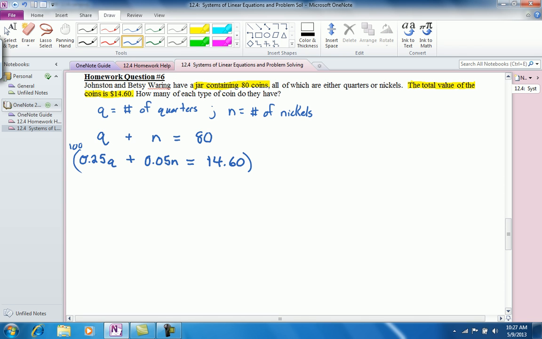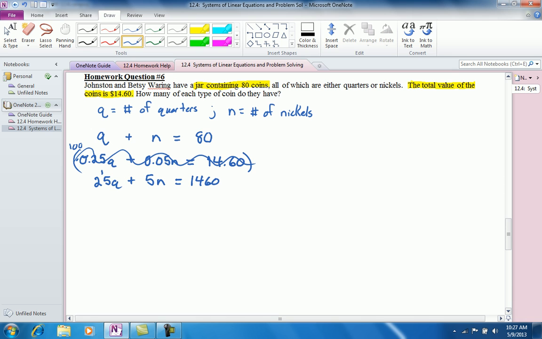Okay, so if I multiply the bottom equation by 100, I'll get 25Q plus 5N equals 1,460. And I think that'll be a little more helpful, so we can strike through this equation here and focus on solving the system of equations that I have left.